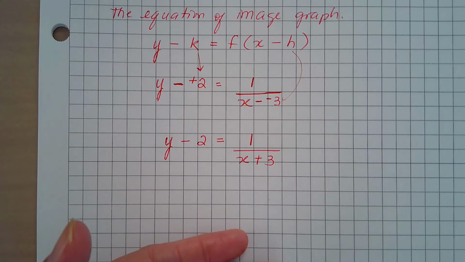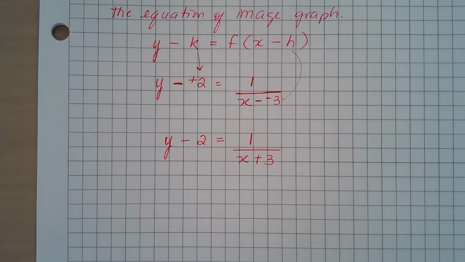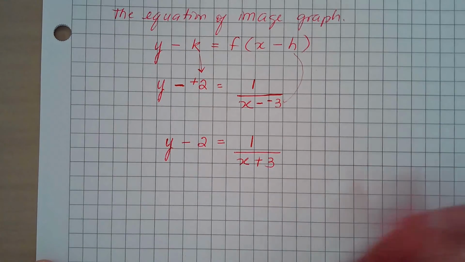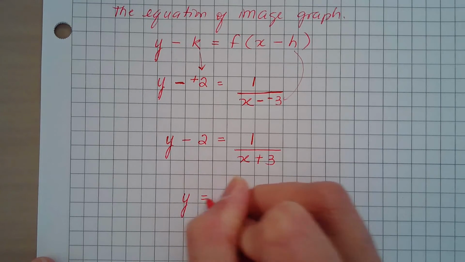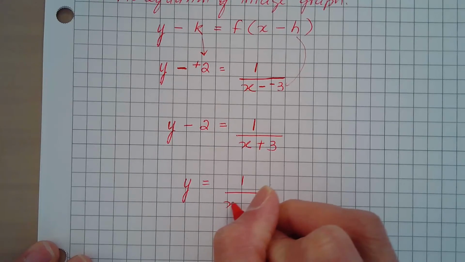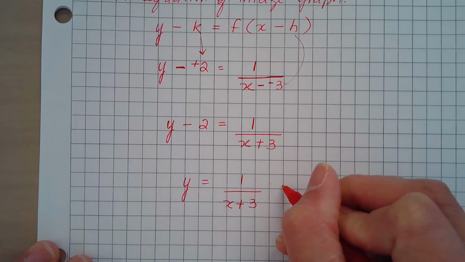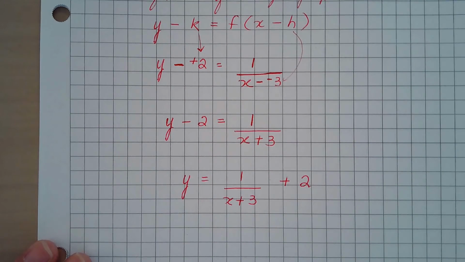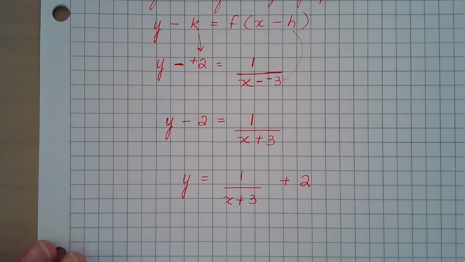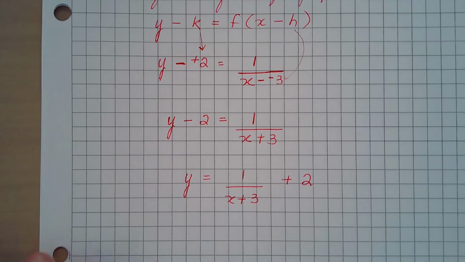Of course, we can write it like that, or another way is to have the y isolated. So bring this over to the other side, or y equals 1 over x plus 3 plus 2. Yeah. Is that okay? Taking our time, really. So that's example 6, letter A. Good?